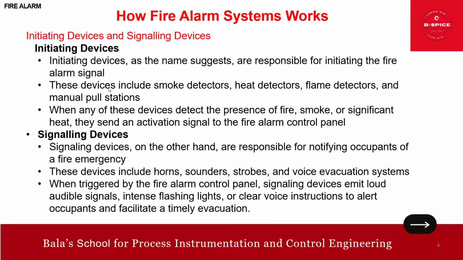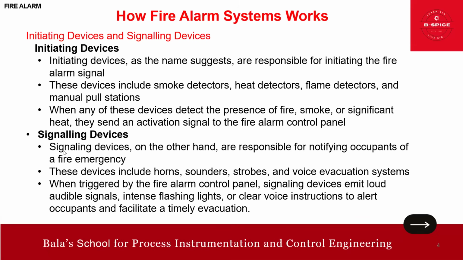We have discussed this in part 1. These devices include smoke detectors, heat detectors, flame detectors, and manual pull stations. When any of these devices detect the presence of fire, smoke or significant heat, they send an activation signal to the fire alarm control panel. That is about the initiating devices: smoke detector, heat detector, flame detector, manual pull station.